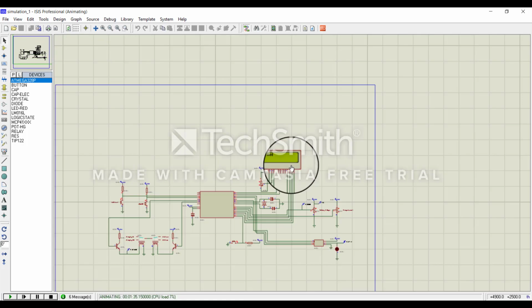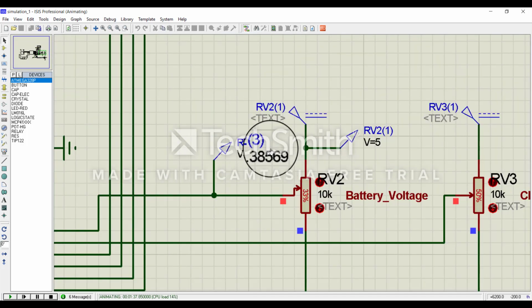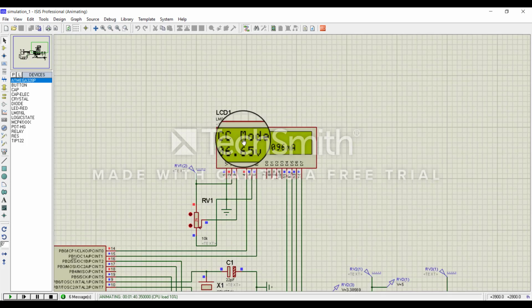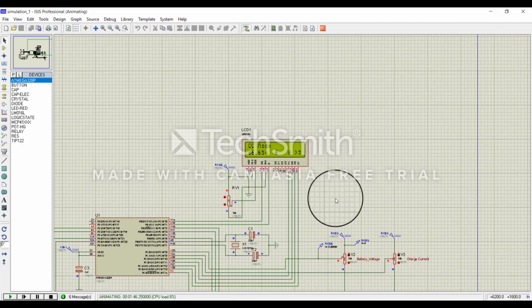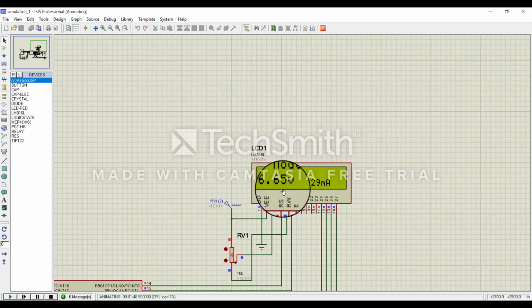So here we can see that as long as the battery voltage is below 4 volt, the battery will be charged in CC mode. And as we have set the battery mode as 2S battery, 3.38 into 2 is almost 6.65 volt, which is indicated on this LCD.